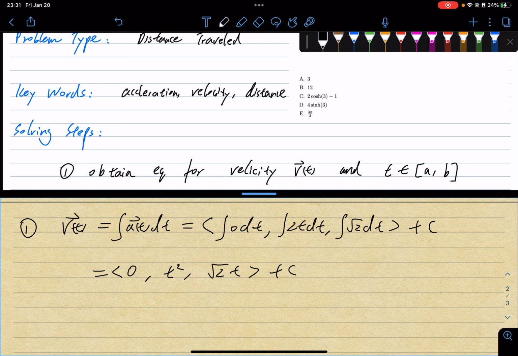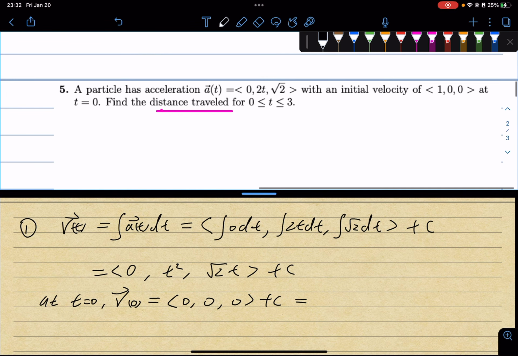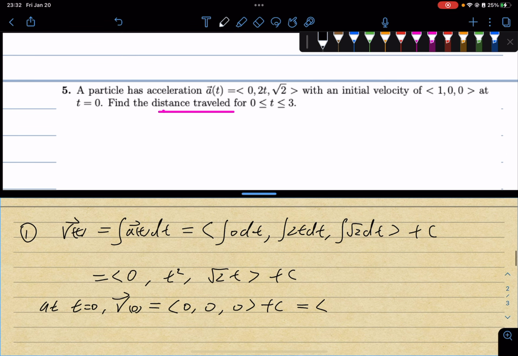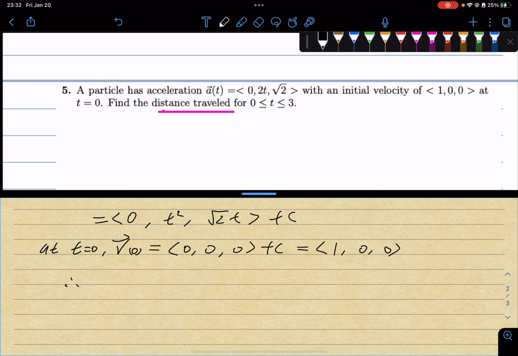So at t equals 0, v of 0 equals 0, 0, 0 plus c. This equals the initial condition given in the problem, which is 1, 0, 0. This tells us c equals 1, 0, 0.